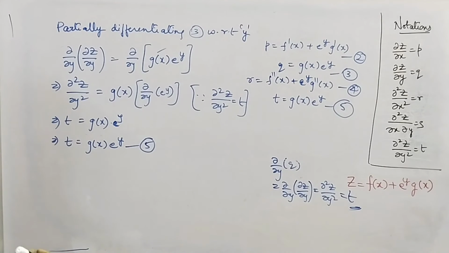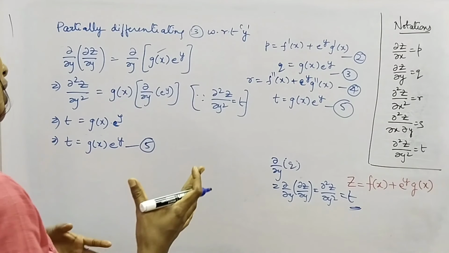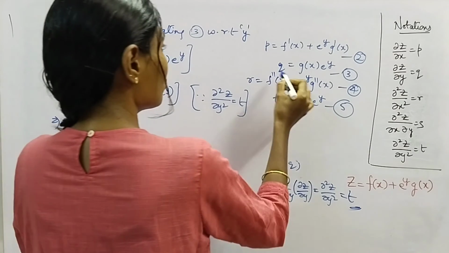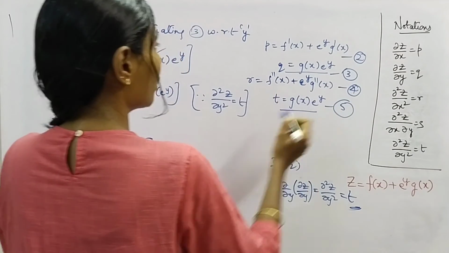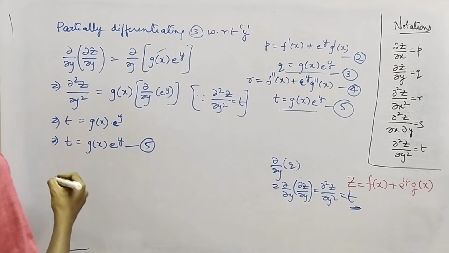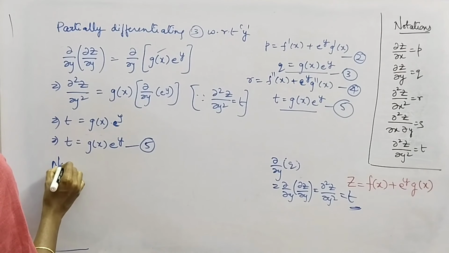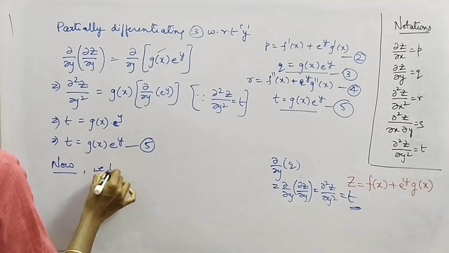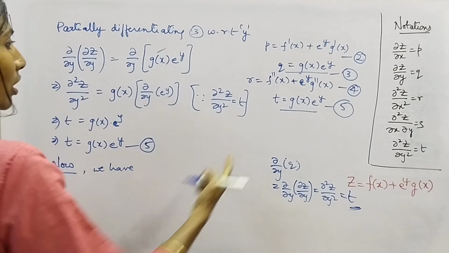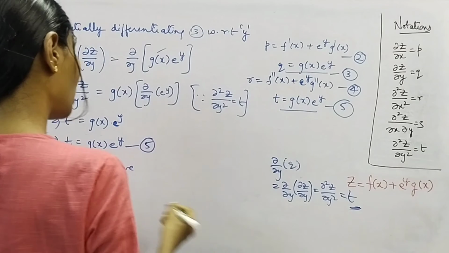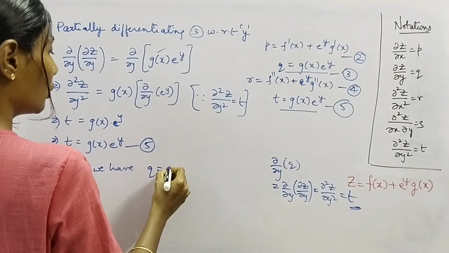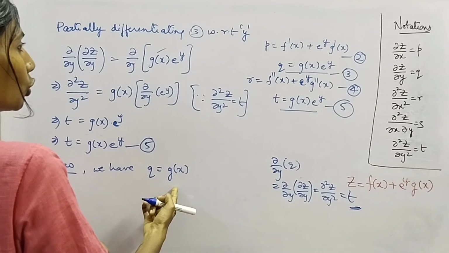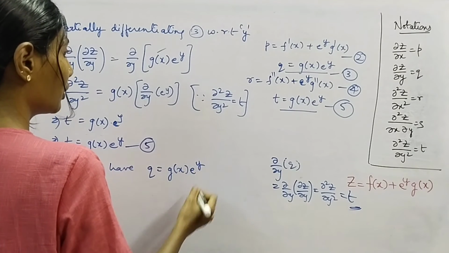So we need to form a partial differential equation. Now observe equation 3 and equation 5. We can take t or q. I'll take q. q equal to g of x into e power y.